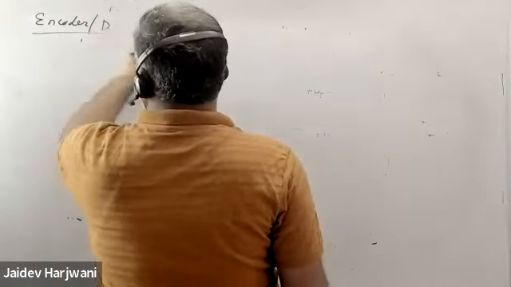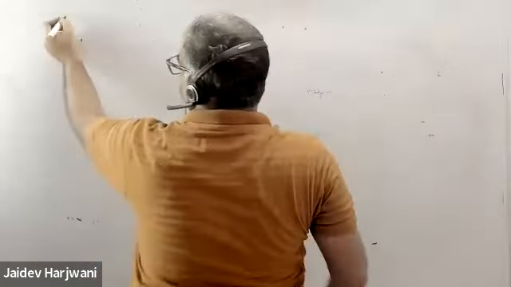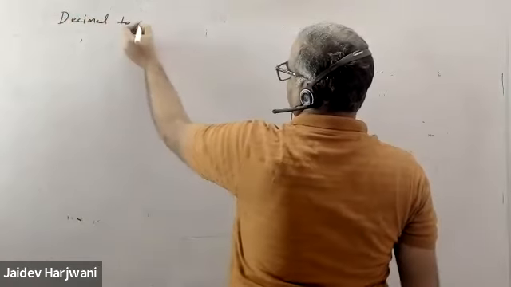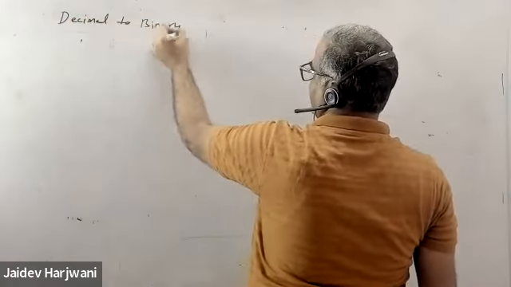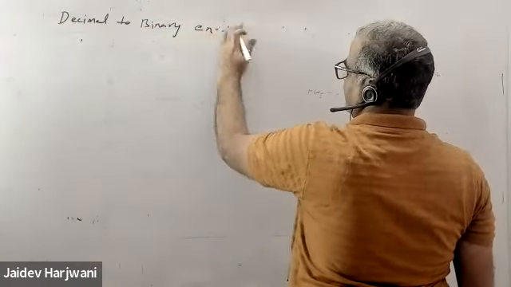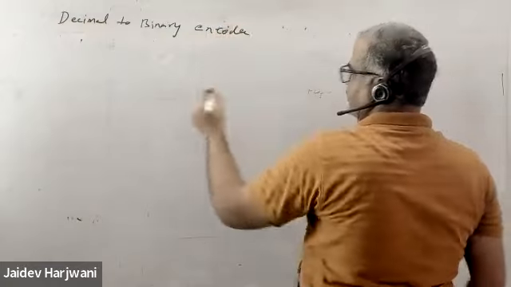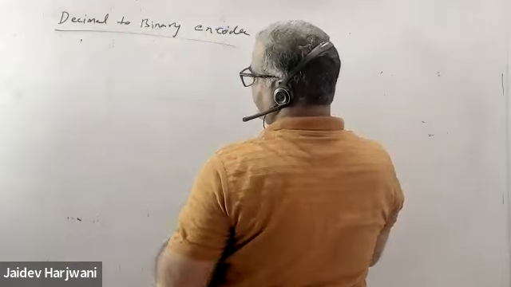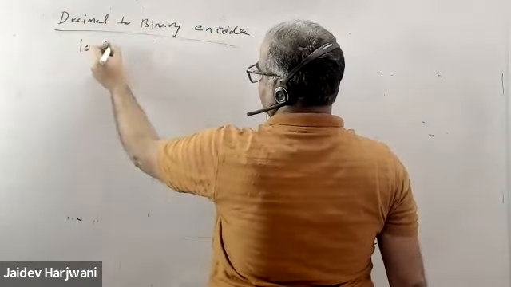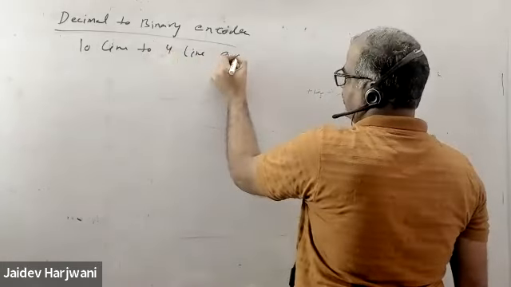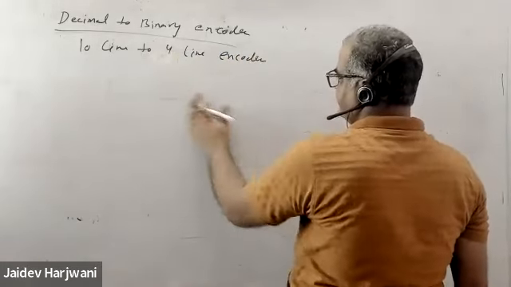Decimal to binary encoder. This is called a 10-line to 4-line encoder, because we have 10 input lines and you need a 4-bit binary number.